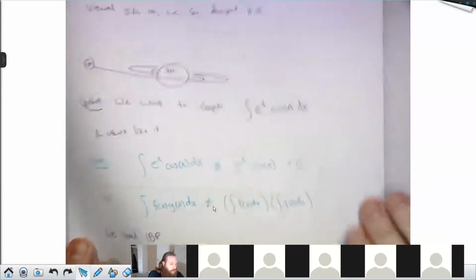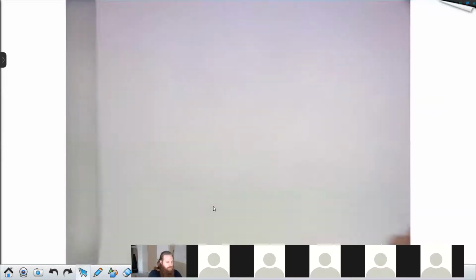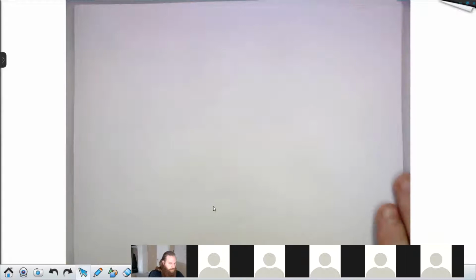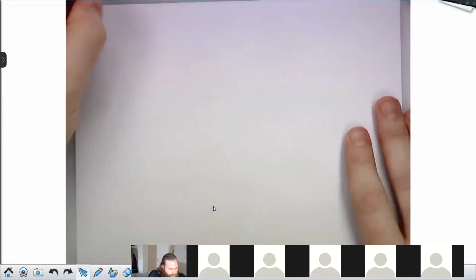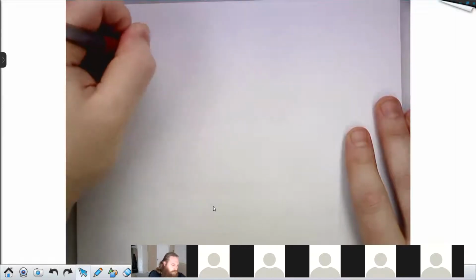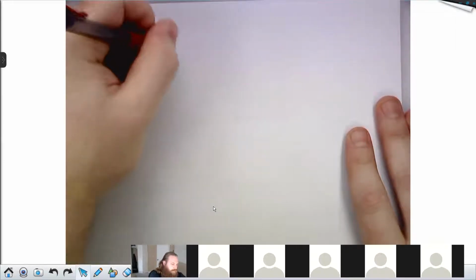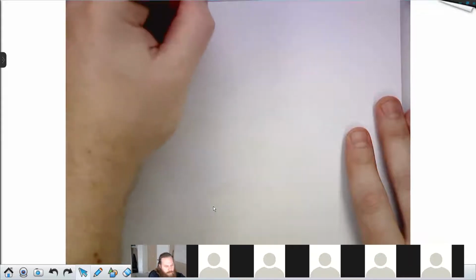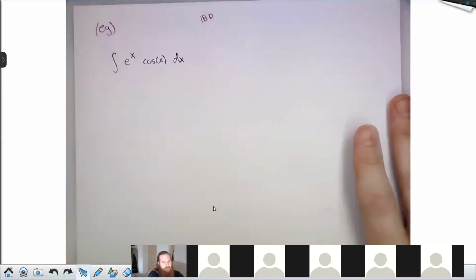Yep, the result here is we need integration by parts, just like we need the product rule. So I want to walk you through the integral of e to the x cos x done by parts. It's a looping integral, and I'll show you why we call them looping integrals, but I want you to just follow along with me, and we will see how it goes. So my aim is to integrate e to the x cos x dx, and I know it needs to be done by parts.